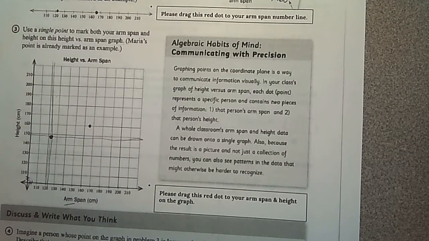A whole class's arm span and height data can be drawn onto a single graph. Also, because the result is a picture and not just a collection of numbers, you can see patterns in the data that might otherwise be harder to recognize.